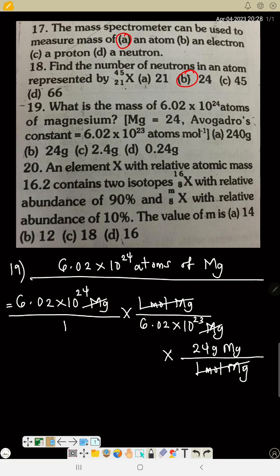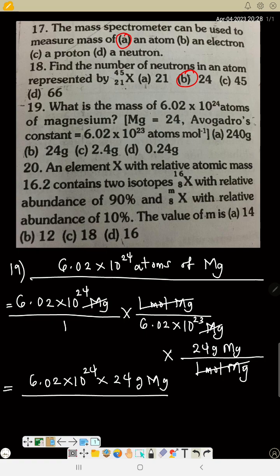So that means this will cancel, so it remains 6.02 times 10 raised to the power 24 times 24 gram of magnesium divided by 6.02 times 10 raised to the power 23. So it remains this times 1 times this. Remember, everything is on a line, so you can write it down. You will see the way it is. So take note, it is a straight chain, no space. That's why I bring it here.